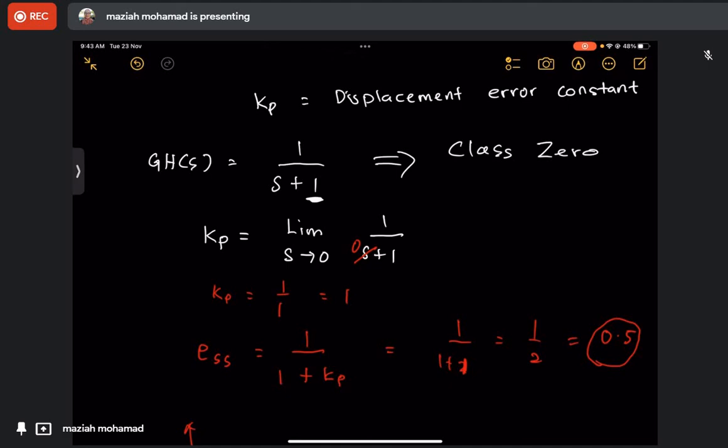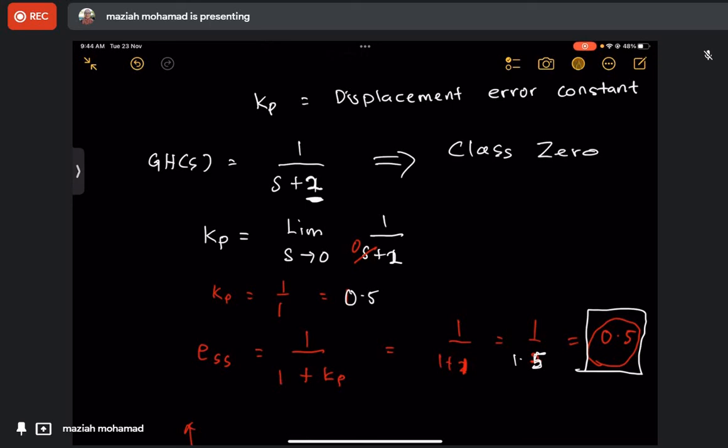For class 0, we applied the limit as s goes to 0, and we get 0.5. Let's say that the value here is 2. So this becomes 2, this is 0.5, and this becomes 1.5.